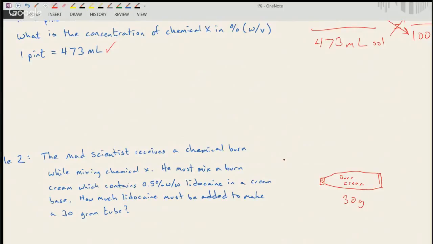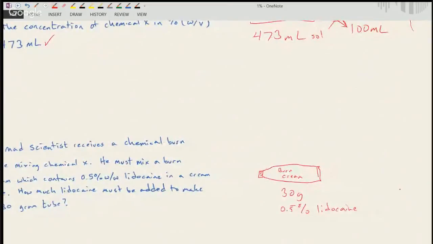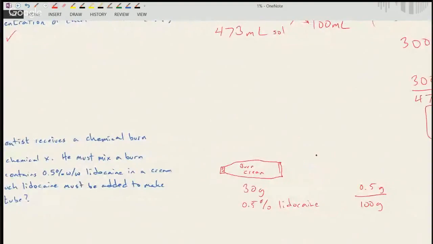And of those 30 grams, 0.5% is made up of lidocaine. So 0.5 grams per 100 grams is lidocaine, and we have a 30-gram tube. So 100 grams would contain 0.5 grams, so 30 grams would contain how many grams?